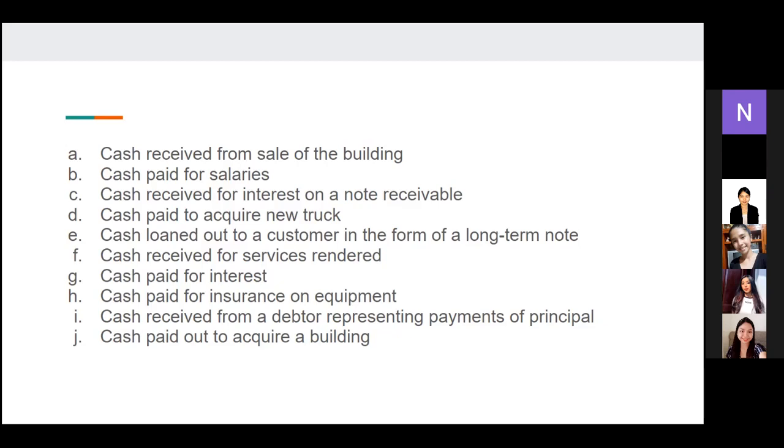Kaya meron tayong expenses, and yung mga expenses is sa income statements siya. So, affected yung operating activities.